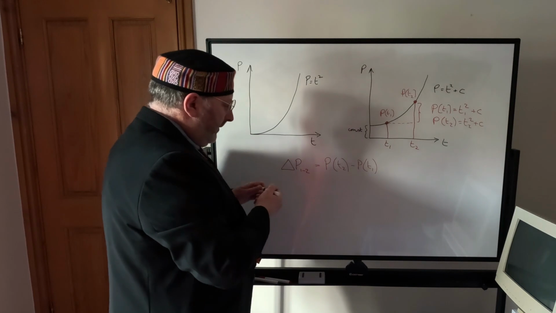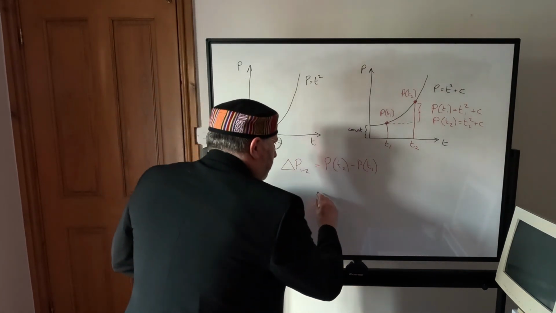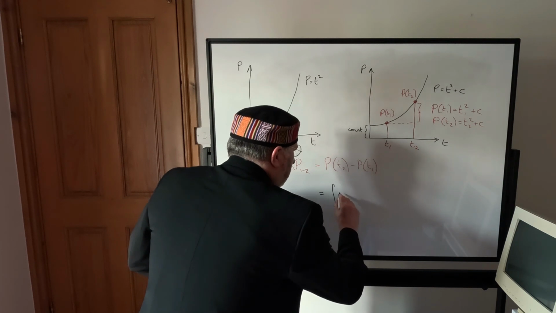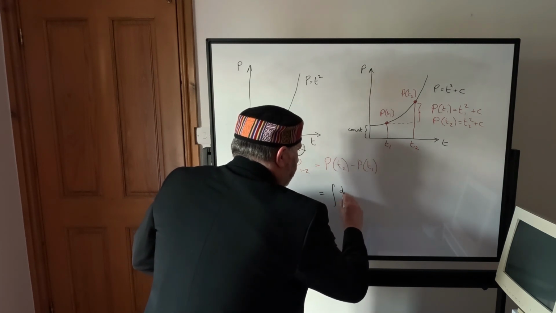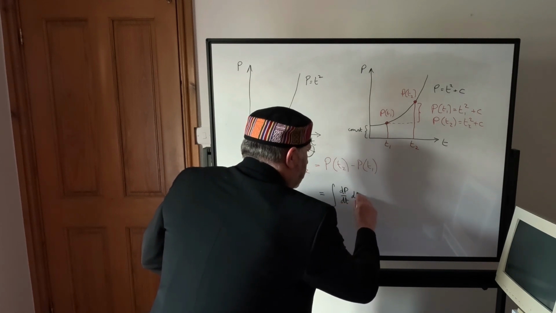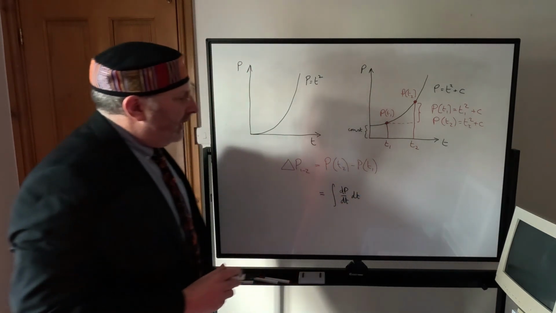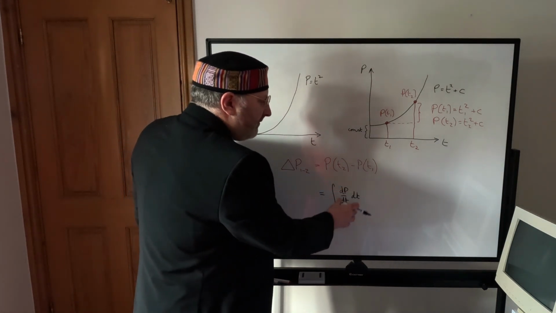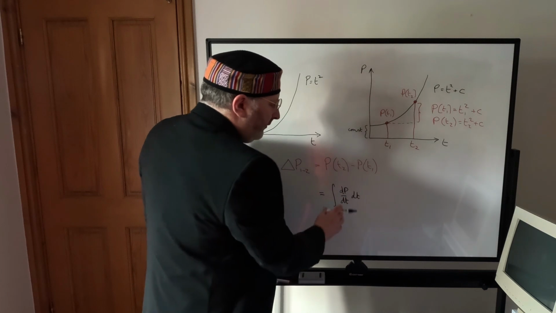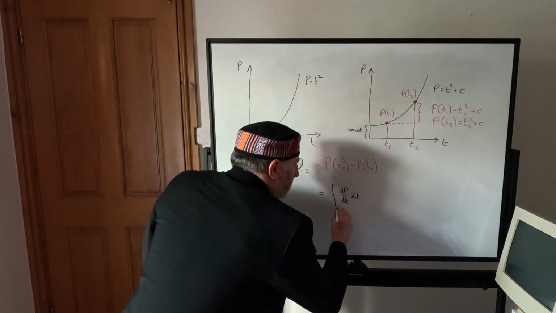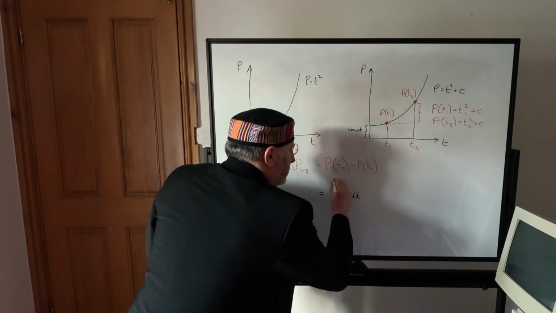Now we had the formula for finding the population, which was the integral of dp by dt dt. And the way we write finding the difference in population between two points is the same as that, but with the limits of integration, as we call it.